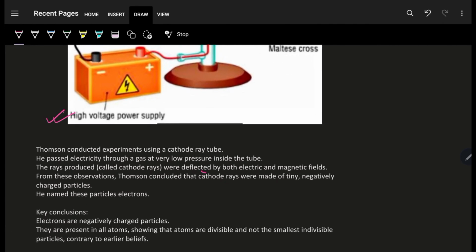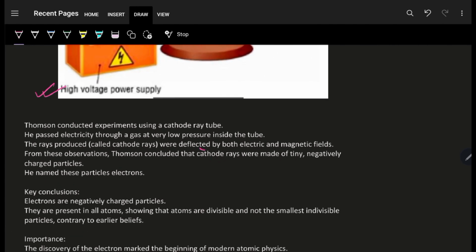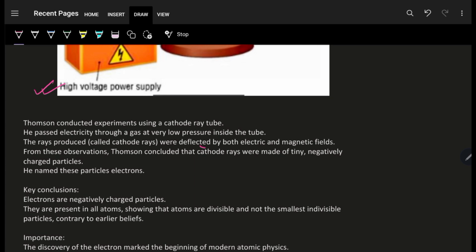So this is what I have written here. The rays produced, they are the cathode rays, and were deflected by both electric and magnetic field. It was seen in the study that cathode rays in electric and magnetic field get deflected. ठीक है? And it shows the behavior of negatively charged particles.